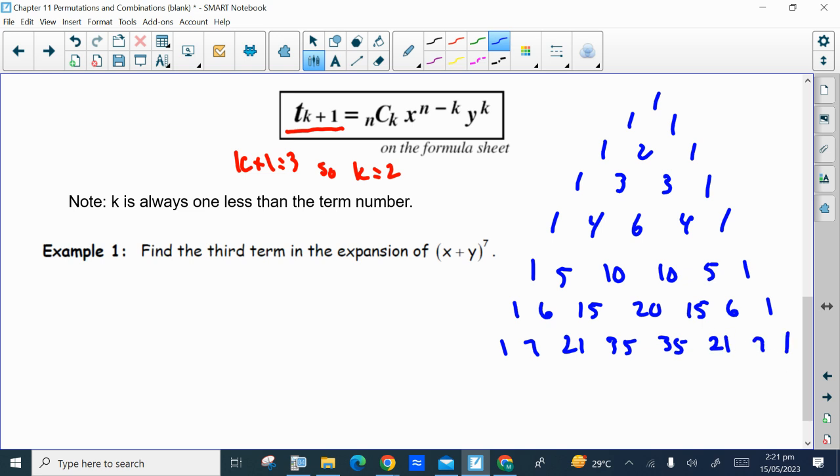So this is the row that we're going to use for our coefficients. And note that again, each row starts with a 1, ends with a 1, but the second number, in this case, is 7, matches n.